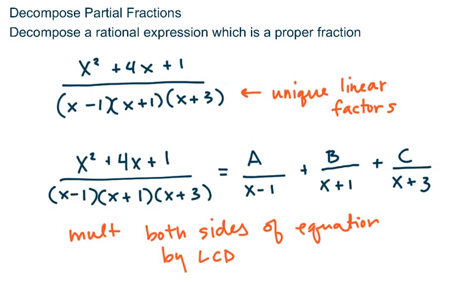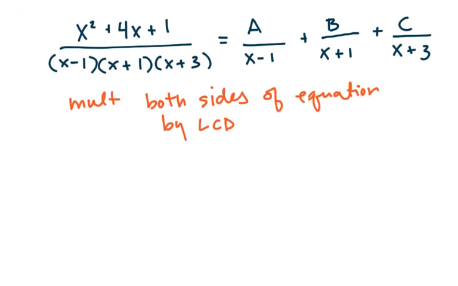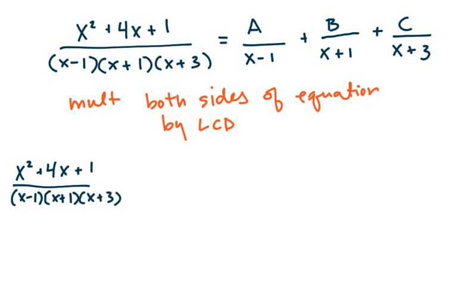That's going to cause that to cancel. So I'm going to write this all out, what it would look like if I was multiplying by the LCD. And I've got to write a little small because this is going to be a large expression, x minus 1, x plus 1, x plus 3. So I'm going to multiply this by x minus 1, x plus 1, x plus 3.